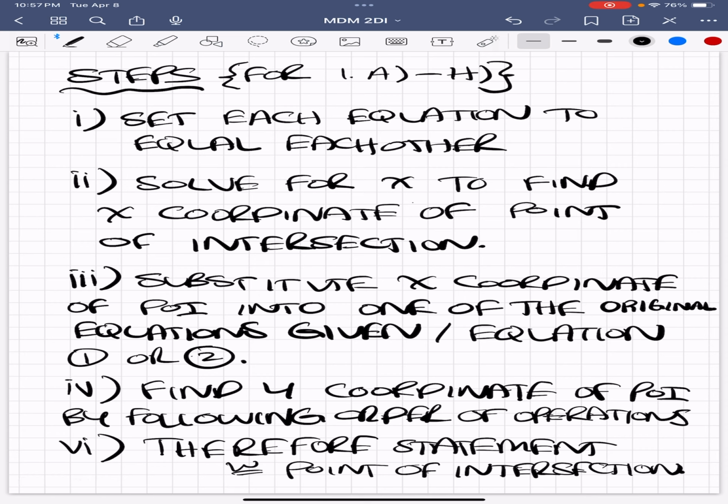So for the next few questions, we have steps for 1a through h. We set each equation equal to each other because they're both in y equals mx plus b form. We solve for x to find the x coordinate of the point of intersection, and then we substitute the x coordinate of the POI into one of the original equations given, equations 1 or 2.